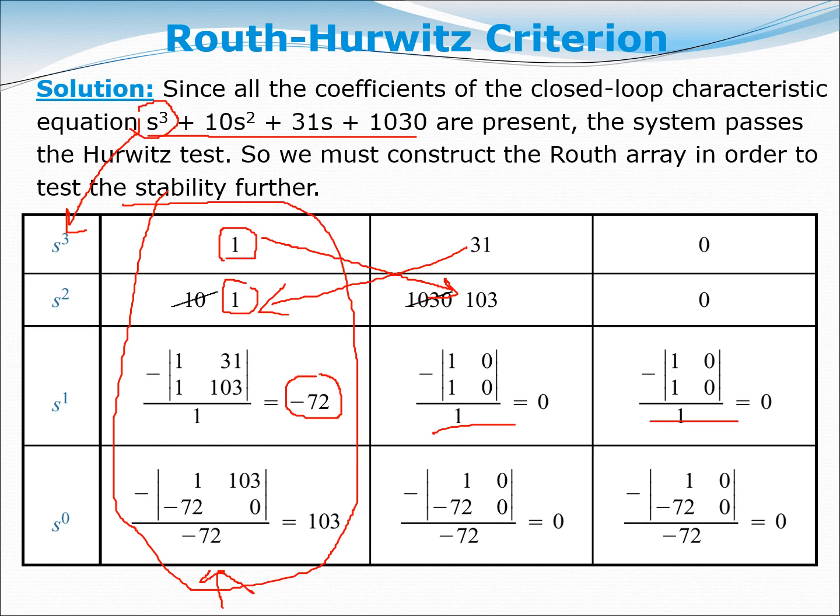So this is another sign change, from minus 72 to positive 103. So in this first column there are 2 sign changes, meaning that there are 2 poles in the right half plane.